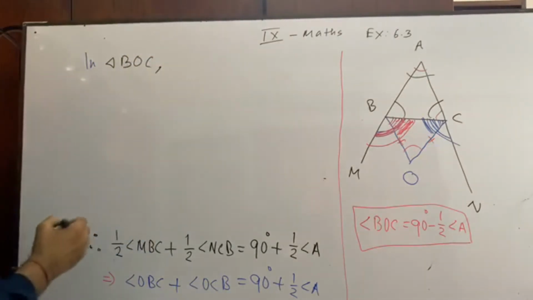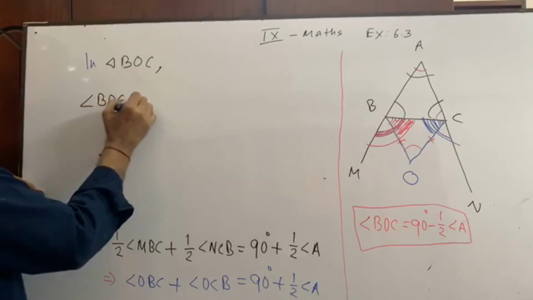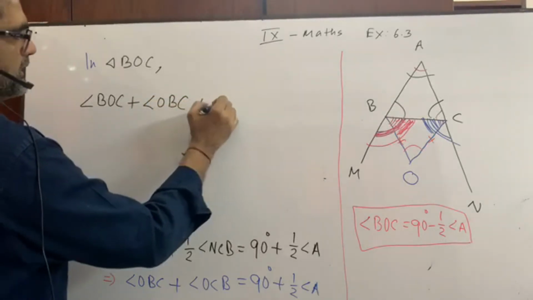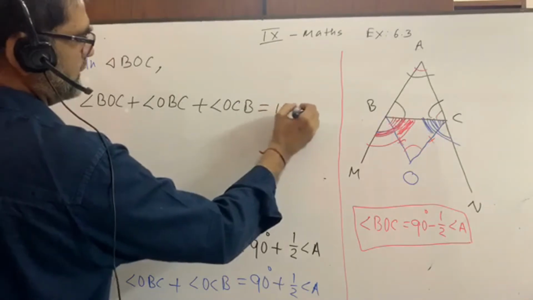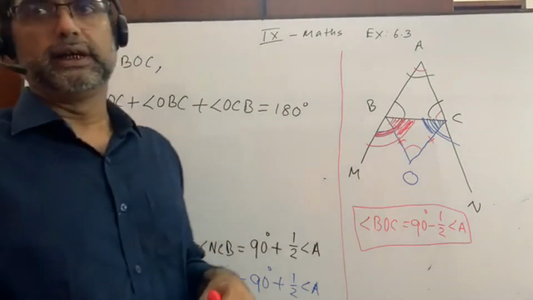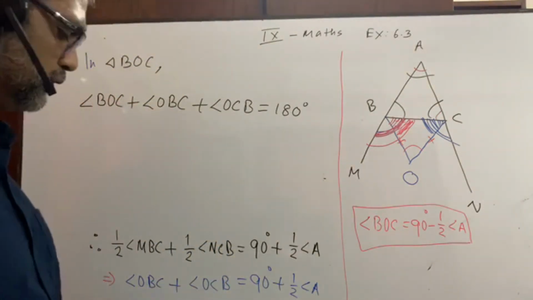In triangle BOC, we see angle BOC plus angle OBC plus angle OCB is equal to 180 degree. We have three angles in triangle BOC, and the sum of the three angles is equal to 180 degree. I think all of you know it, right?